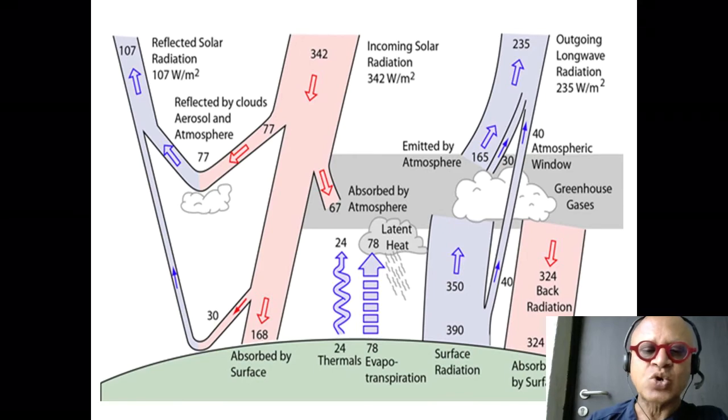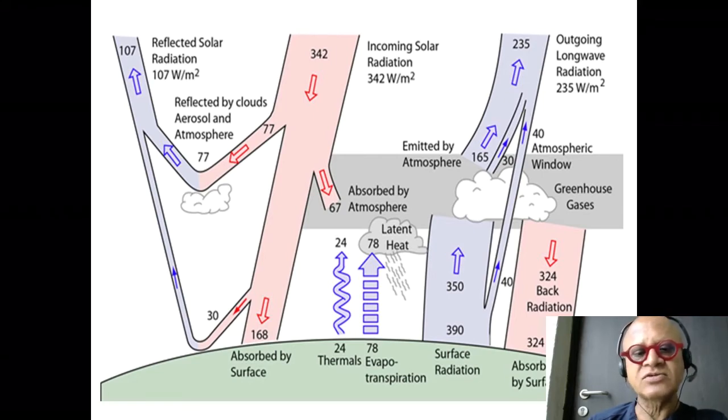The net shortwave then that actually does the work at the surface is 168, because some of the shortwave is also absorbed by the atmosphere, not only reflected but actually also absorbed. So if you add 67, 168 and 107, you're going to end up with 342. That's the shortwave side of the story. The long wave side is even more complicated.